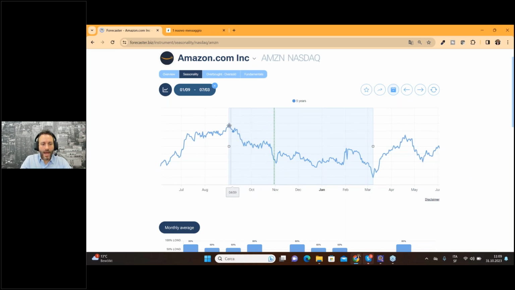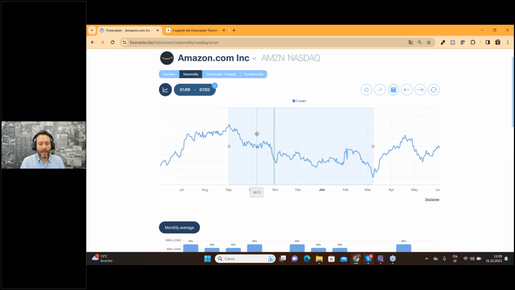On the Amazon stock over the last 5 years, we have had an average negative trend. Okay, so if we highlight this period, we see that it tends to be these months starting from September until the beginning of March.